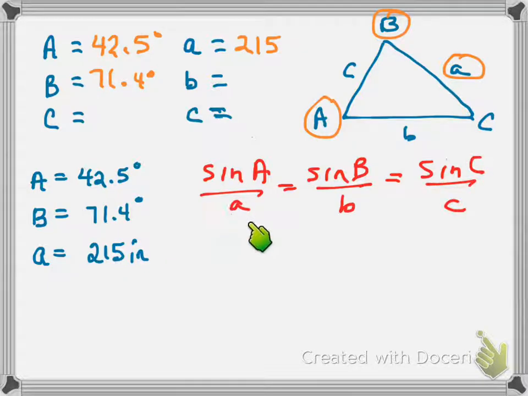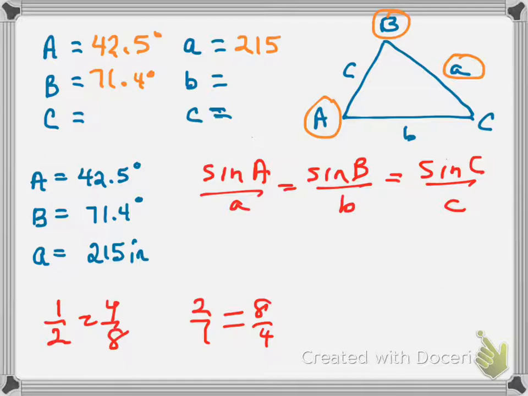If you'd rather put the sides on top and the sines on the bottom, that's fine. It won't matter if you're flipping it over. It's just like if you have 1/2 equals 4/8, that's a proportion. That's no different than saying 2 over 1 is equivalent to 8 over 4. The cross product's still equal. So if you would rather flip them over, you can absolutely do that.